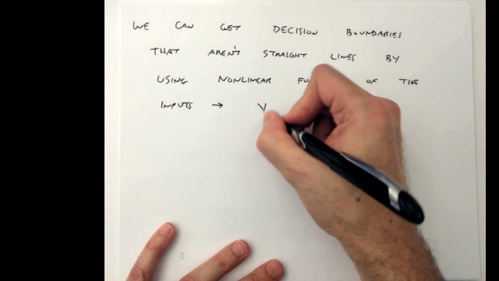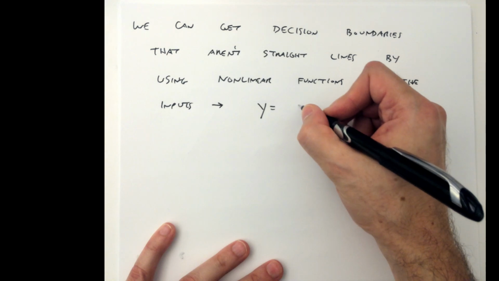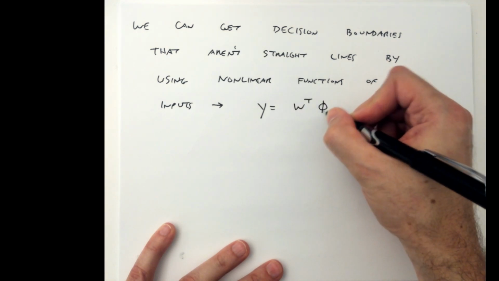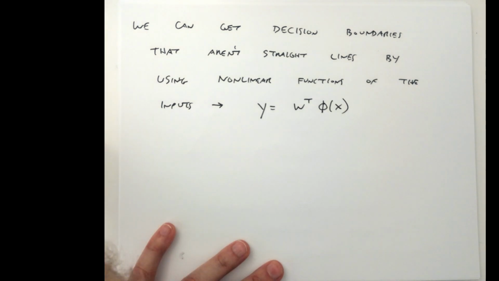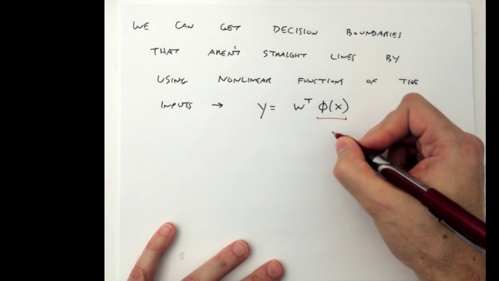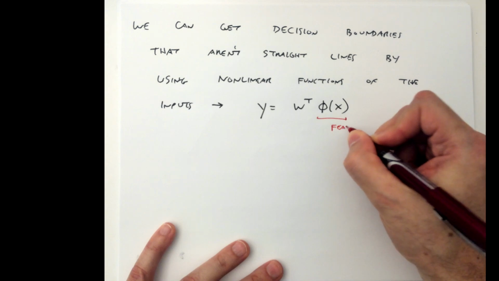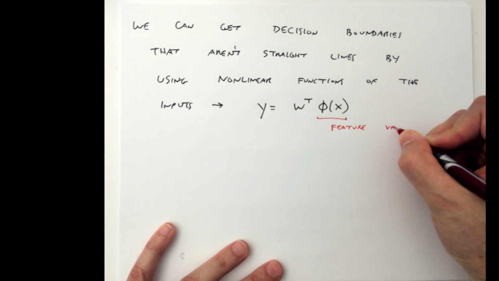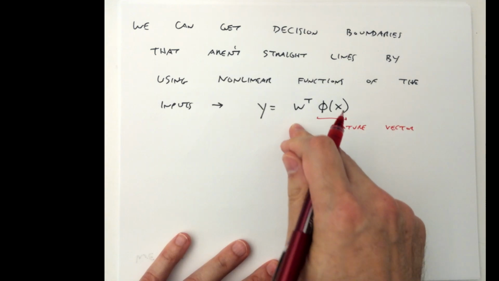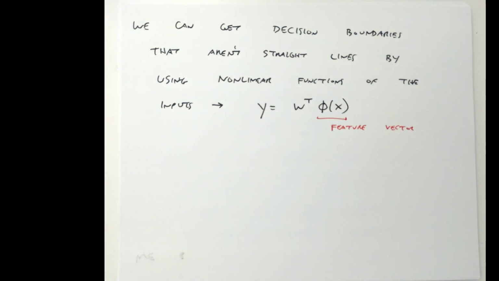So basically, my y then becomes W transpose phi of x, where this phi of x is possibly some sort of a feature vector that I derive from x. And I can still use the same equations to find the best W, but I'm doing it in a feature space that is not the original observations, right?